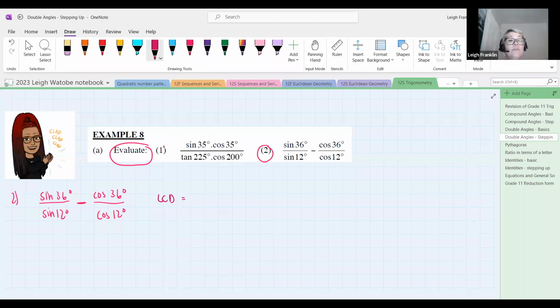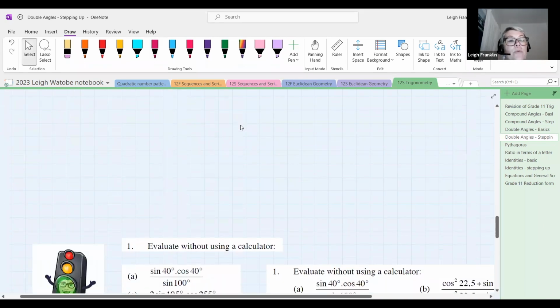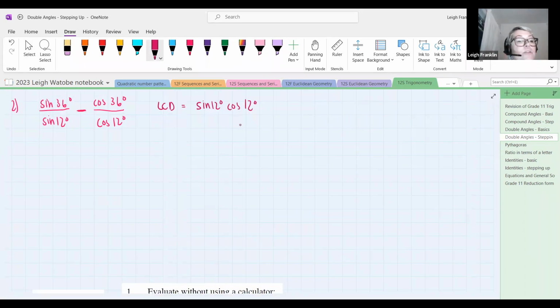What would our lowest common denominator be, Tsegofatso, in this case? It will be sine 12 times cos 36. So it's our two denominators multiplied together. So it would be sine 12, cos 12. Yeah, cos 12, sorry, my bad. Don't say sorry. Not a problem. So that's our lowest common denominator.